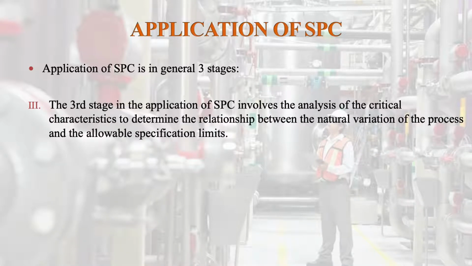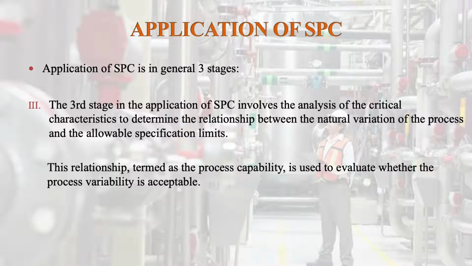The third stage in the application of SPC involves the analysis of the critical characteristics to determine the relationship between the natural variations of the process and the allowable specification limits.